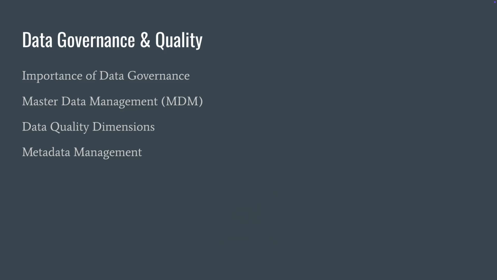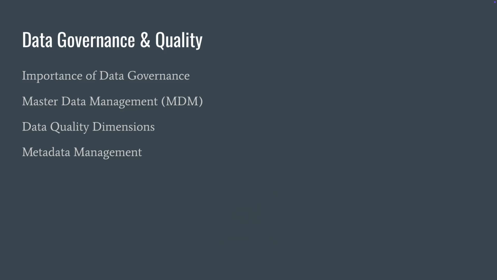Let's move on to talk about data quality dimensions. We can talk about four of them: completeness, accuracy, timeliness, consistency. When we mean completeness, we're ensuring there are no missing fields or records.